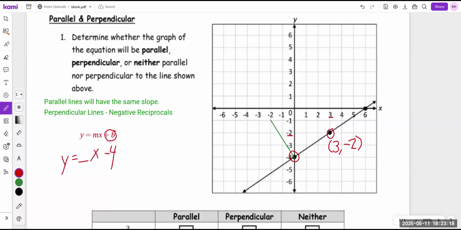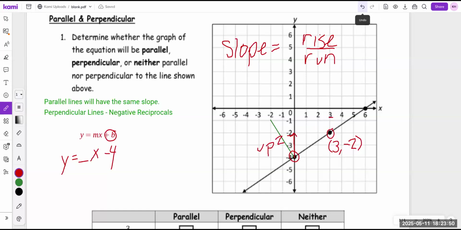Anyways, what this m is, it is the slope. The slope is your rise over your run, right? So how much is it going up versus how much is it going over, right? Those are the things we're looking for. Okay, so how much is it going up? It's going up 2.